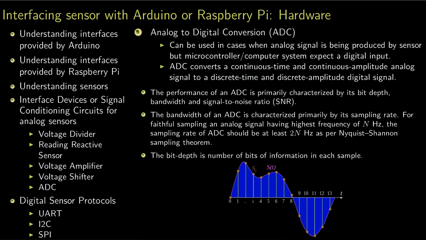It converts a continuous time and continuous amplitude analog signal to a discrete time and a discrete amplitude digital signal.